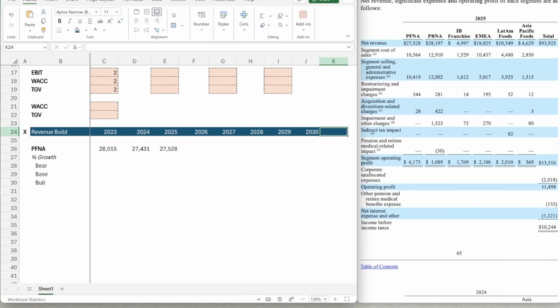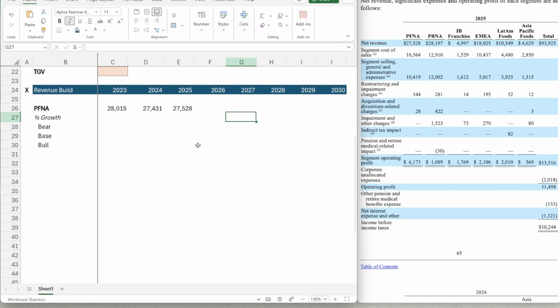Actually, we don't need this one either, because we have the full year results. It's not like we have partial from the 10Q.